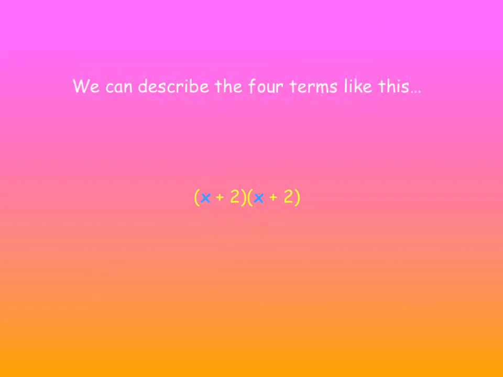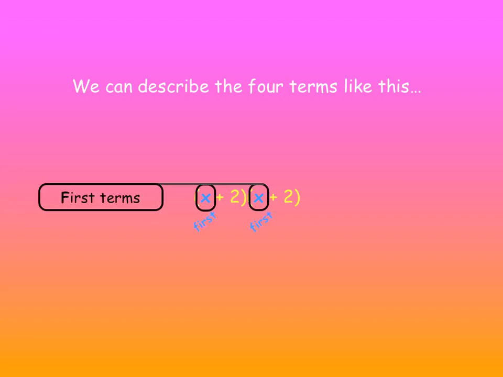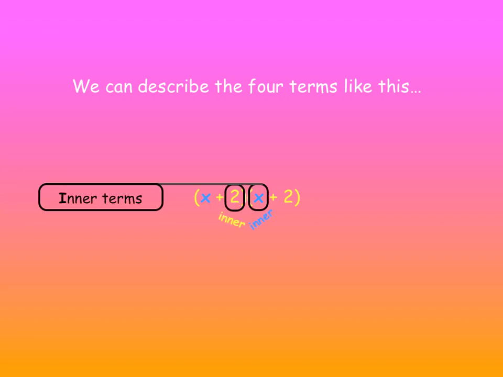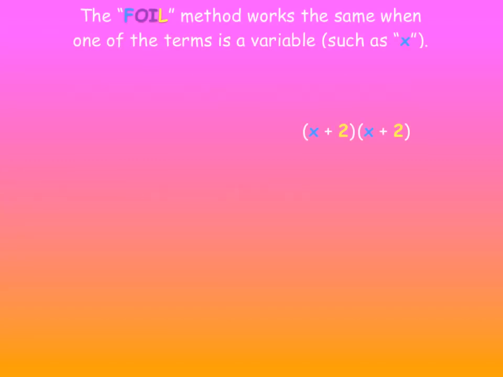We can describe the four terms like this. We have first terms, last terms, outer terms, and inner terms. The FOIL method works the same when one of the terms is a variable, such as x.